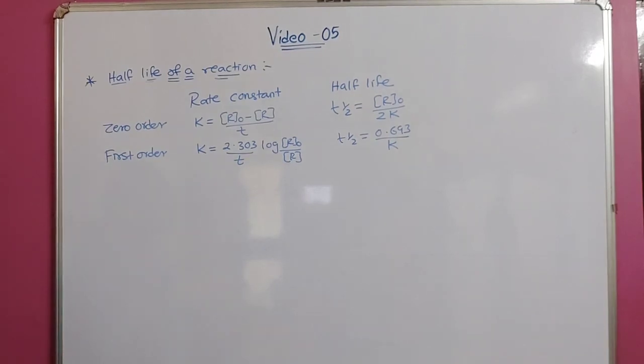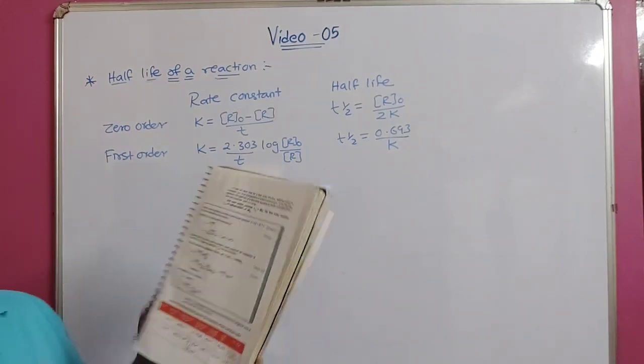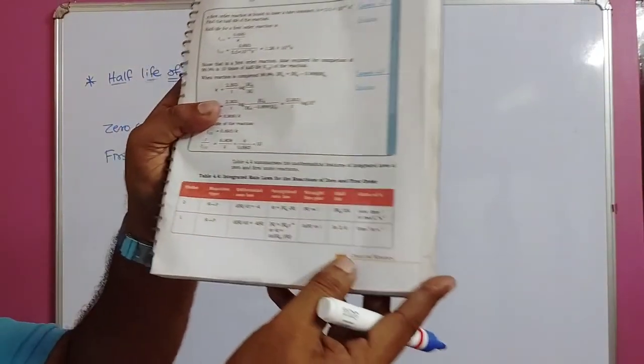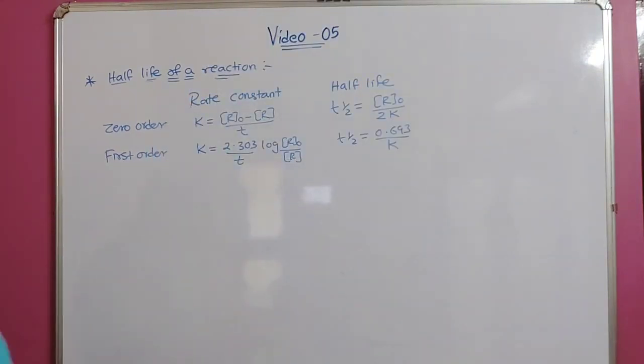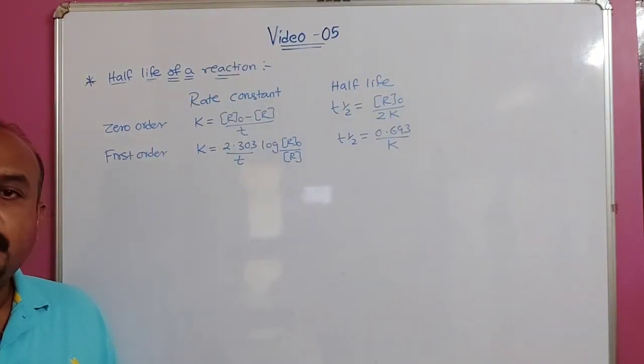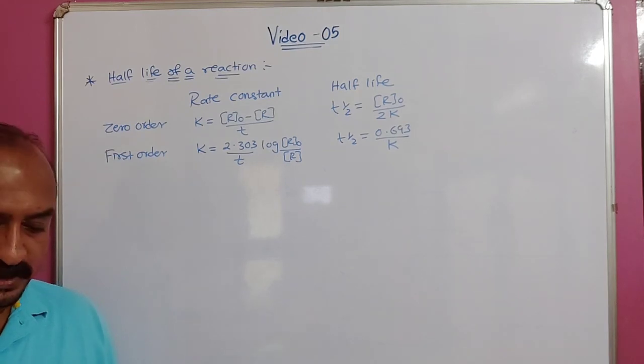Now in your textbook one table is given, you can see here. In that table there are many columns and you can go through them.